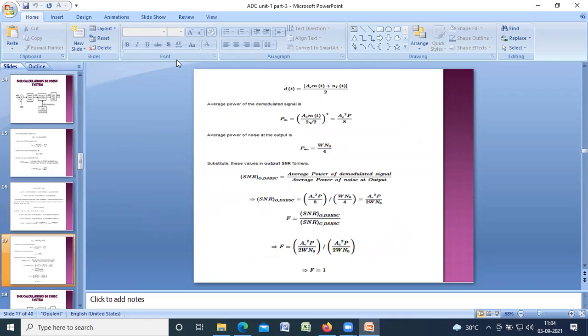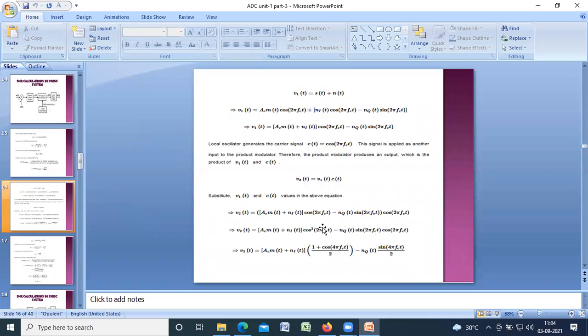Now your d of t is equal to this. How? See here. First solve this equation. Open the equation, it becomes AC m of t plus NIT, your in-phase component of noise, by 2.